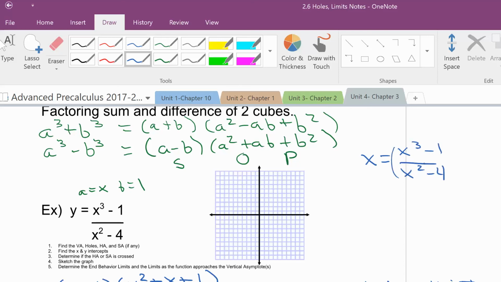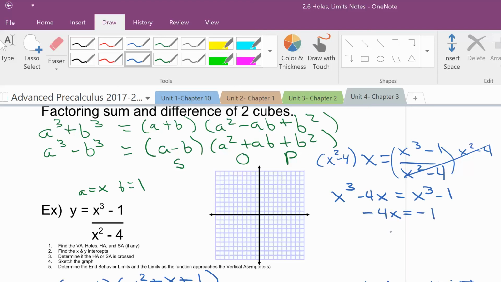When you multiply, you get x squared minus 4x equals x to the third, it's x to the third minus 4x, not x squared, equals x to the third minus 1. Notice you get negative 4x equals negative 1. So x is equal to 1/4. So it is crossed because you get an x value.